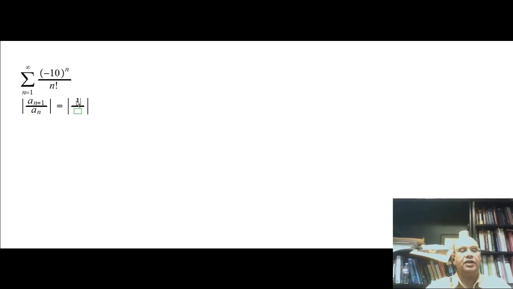I'm going to ignore the negative sign because we have absolute values here. 10 to the n plus 1 over n plus 1 factorial. Since I'm dividing by a_n, I have a fraction divided by another fraction, so the bottom one can be flipped.